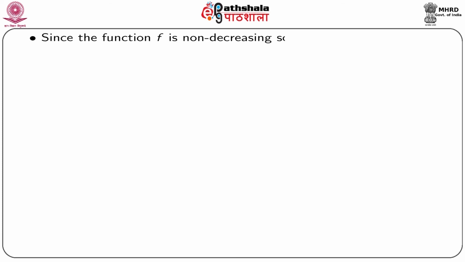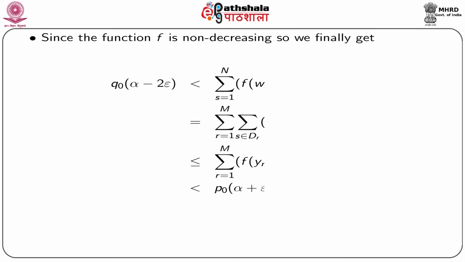Since the function f by our assumption is non decreasing, so we finally get Q0 into (alpha minus 2 epsilon).